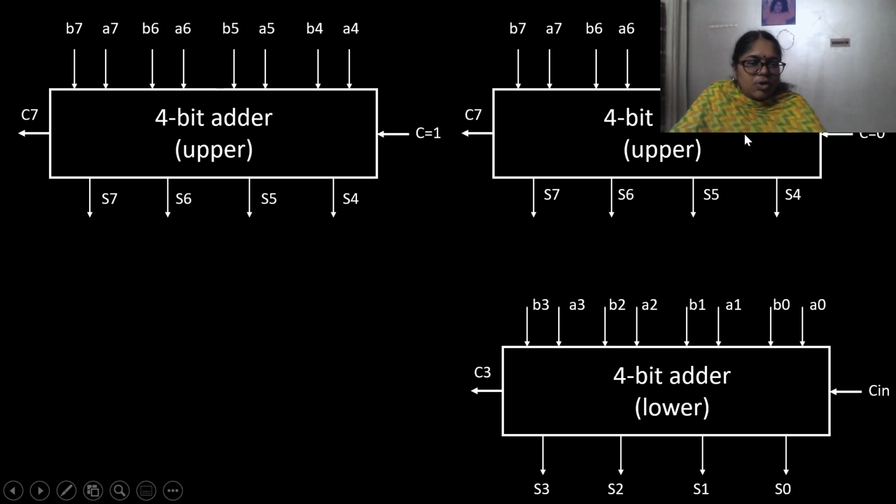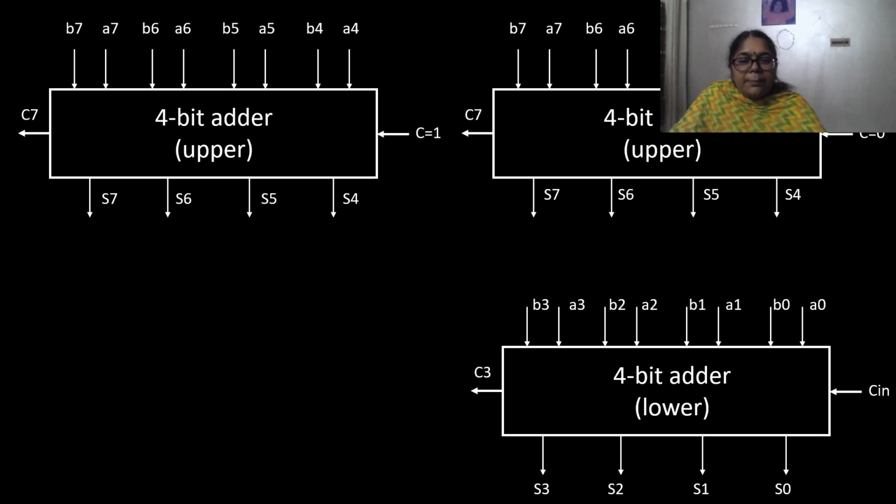So the first 4-bit adder C is equal to 0 is given, and to the second 4-bit adder C is equal to 1 is given as the input. Now by the time this first 4-bit adder is going to produce C3, S3, S2, S1, S0, by then both these 4-bit adders would produce C7, S7, S6, S5, S4, by taking the input carry equal to 1 and input carry equal to 0.